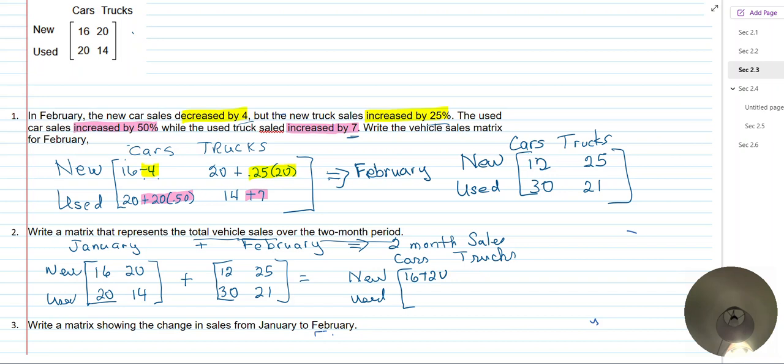I'm sorry, I'm doing that wrong. And then it's going to be 20 plus 25, 20 plus 30, and 14 plus 21. Let's see what I have. 12, 25, 30, and 21. Good deal. And this is the 2-month sales.